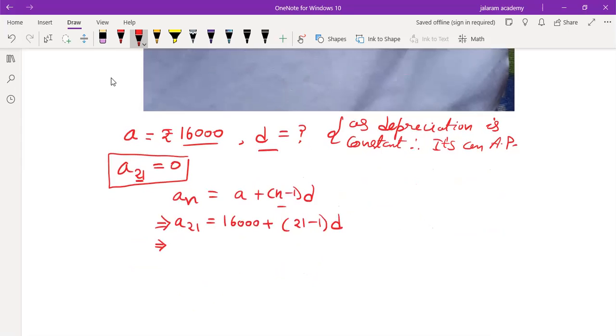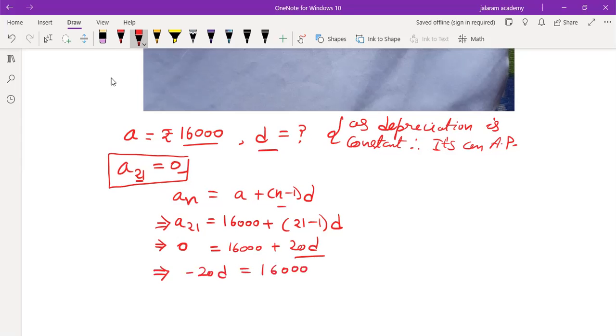Now the 21st term is 0, since after decreasing constantly for 20 years, on the 21st year its cost becomes 0. So 0 equals 16,000 plus 20d, which implies minus 20d equals 16,000.